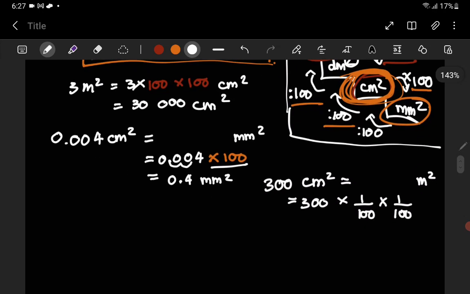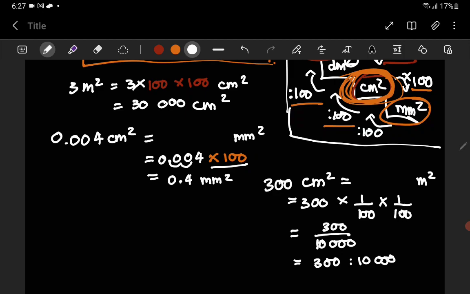Multiply the numerators: 300 times 1 times 1 is 300, and multiplying all the denominators gives 10,000. Now I will rewrite it like this.